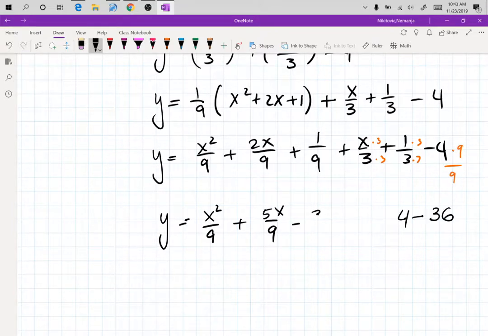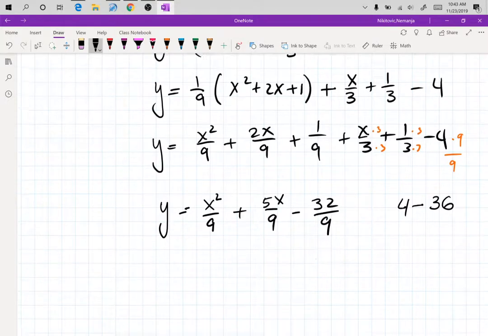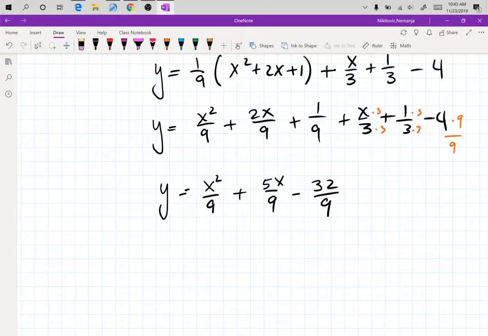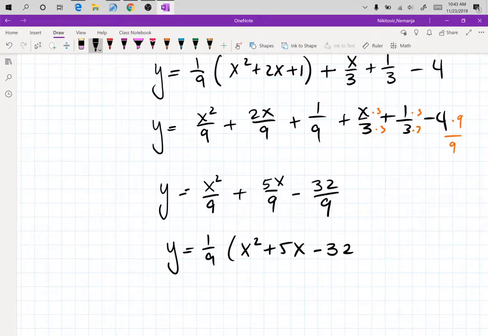That's negative 32 over 9. And you see that's already a quadratic polynomial. If you want to kick 1 over 9 in front, you can: x squared plus 5x minus 32, right? And there you have it.